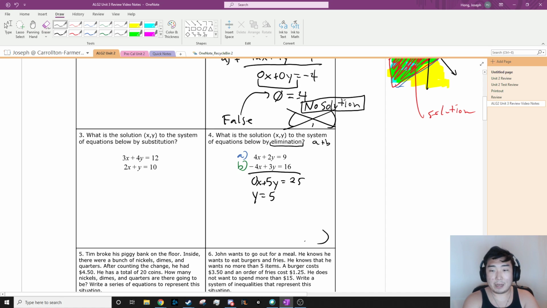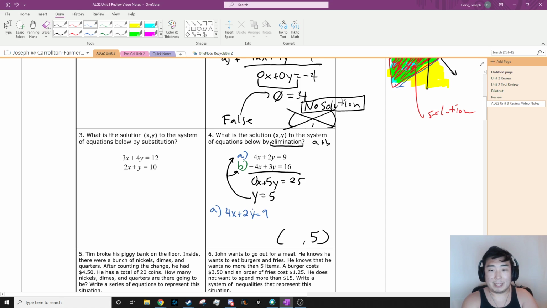Nice. I have half of my solution already, because I'm looking for my x now. So I can just plug it in. I can choose to plug into either equation A or equation B. It doesn't matter which one, because either way it's going to be true. I'm going to choose equation A. Equation A is 4x plus 2y is equal to 9.